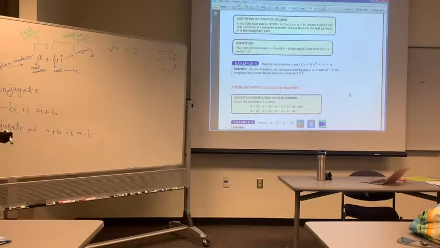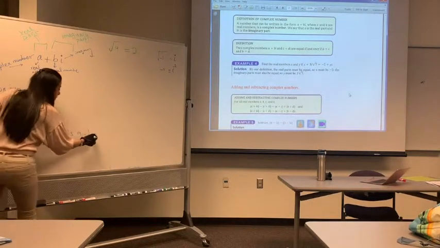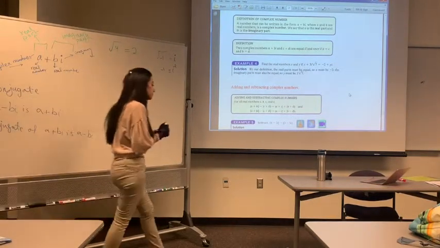The conjugate of A minus Bi is A plus Bi. The conjugate of A plus Bi is A minus Bi.